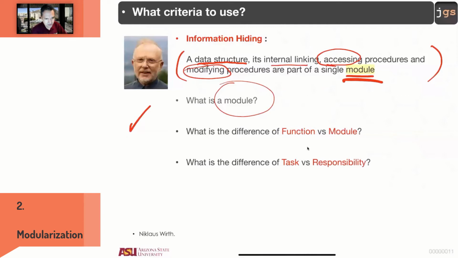Let me be clear, just to put that definition, that is correct, just to put the definition in something concrete. A module here for the paper. Can you agree that it is a collection of functions? Because you cannot have instructions outside of functions. So if you put together a group of functions, that group of functions for the paper is a module.